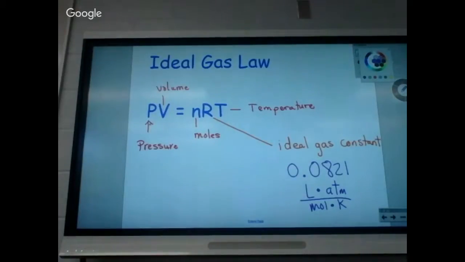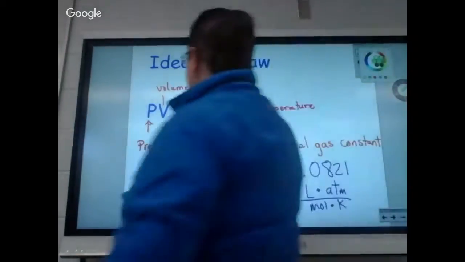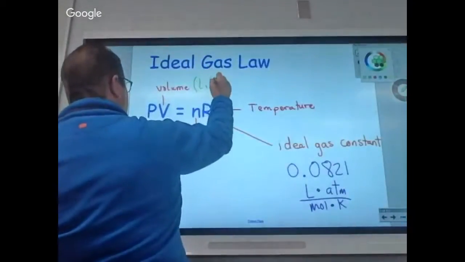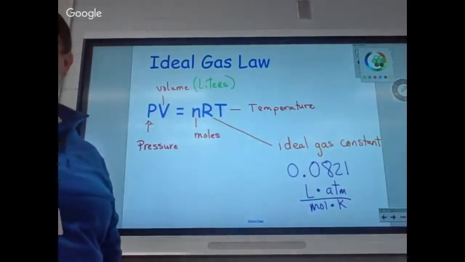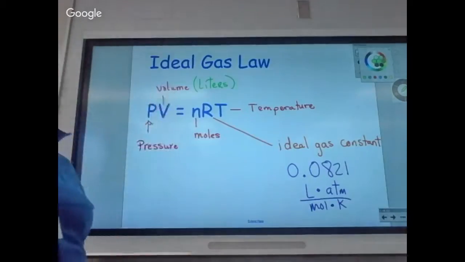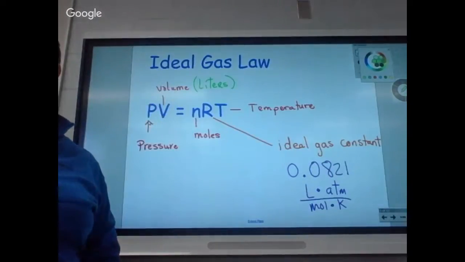Now, the thing about the ideal gas constant is it dictates the units you have to use in the problem. Okay? So every time you use this ideal gas constant, what unit does your volume have to be in? Your volume has to be in liters. If you don't change your volume to liters and you use this formula, you get the wrong answer.